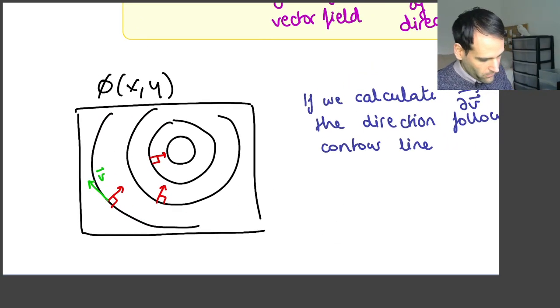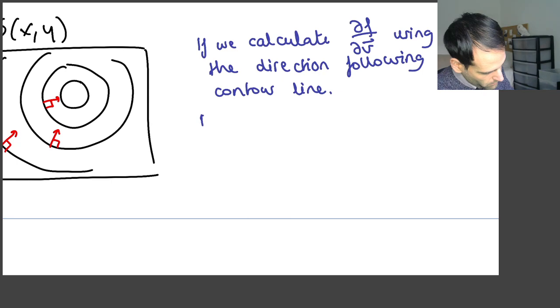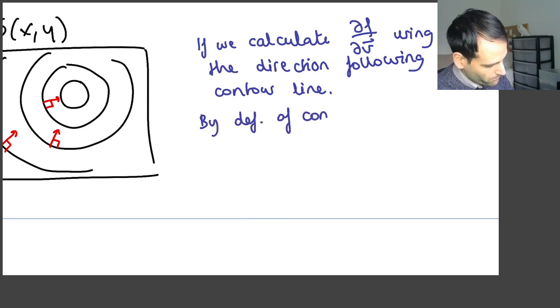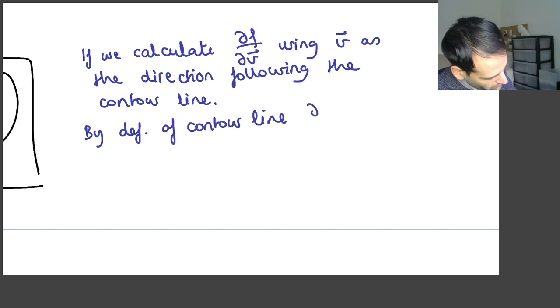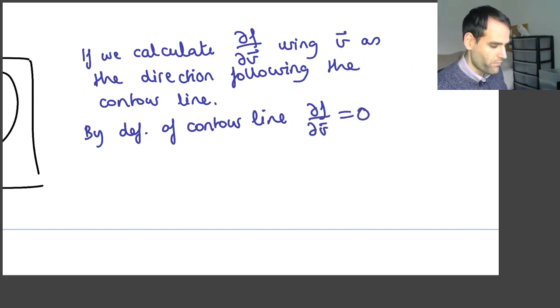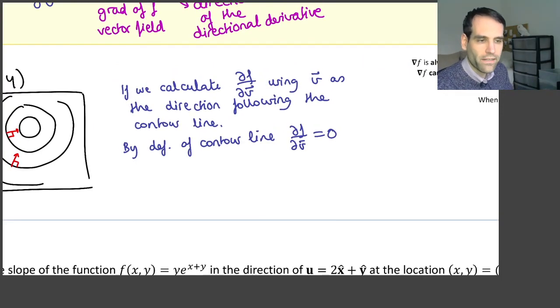By definition of the contour line, the function does not change when we move along it, and therefore the directional derivative of f with respect to v must be equal to 0.